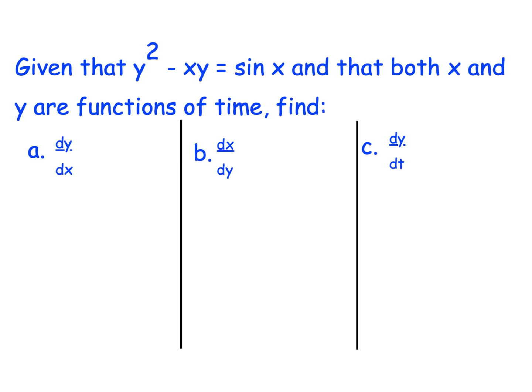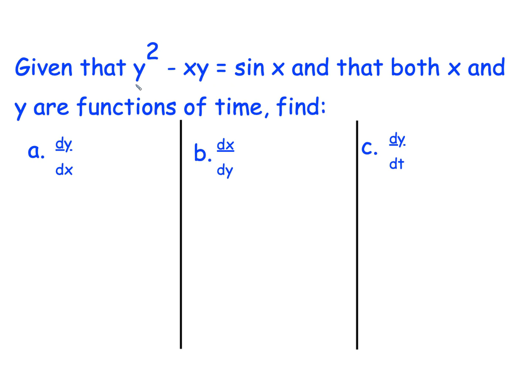The next slide just shows us that we can solve for different things. So here we're solving for dy over dx, which is our normal thing, dx over dy, and then dy over dt, which there's not a t involved up here, but we can still divide everything by dt. That actually a lot of times has to do with time, a change in time. So this would be used in maybe some physics type problems.